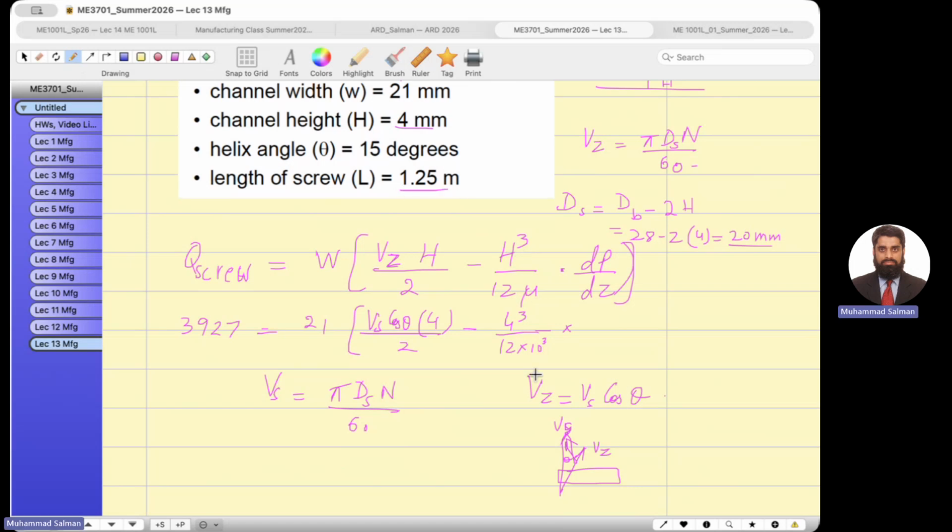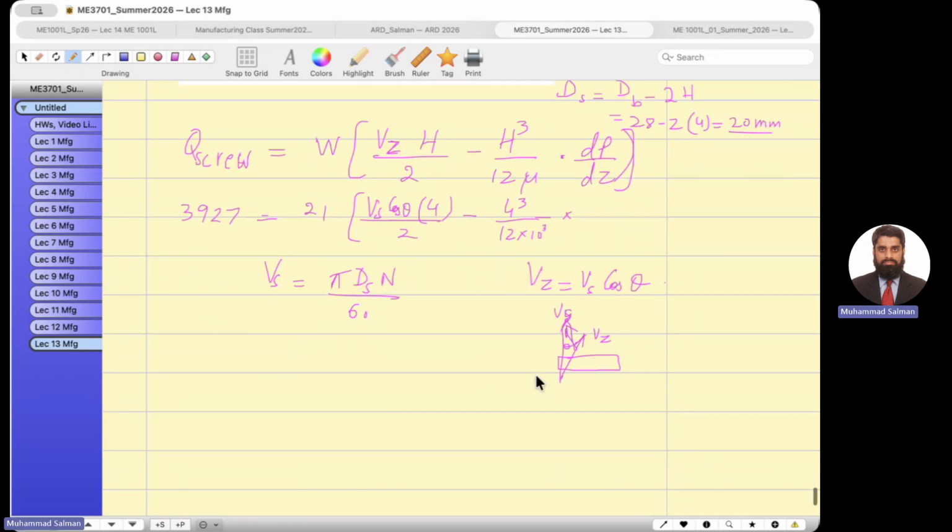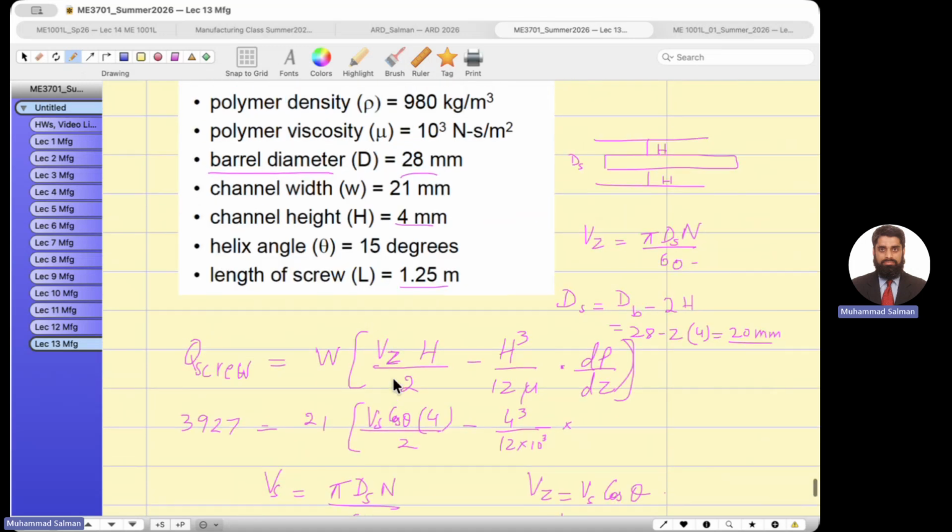In order to find dz, remember I showed you, if this is the vertical and these are the helix at an angle theta, this is my axial length, this is my helical length along the helix line. So what should be the DL? The complete length is 1.25.